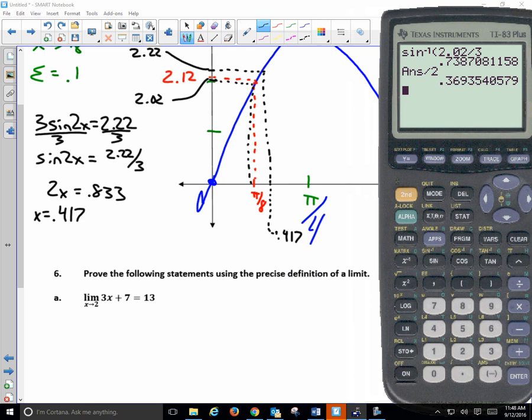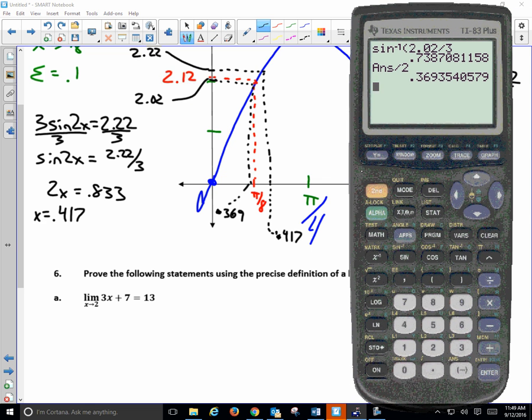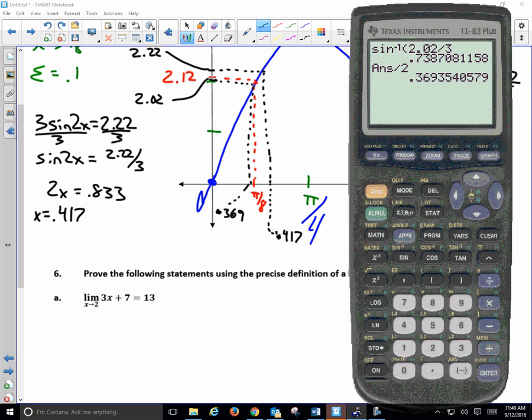So is that my answer? No, 0.369 is not my answer. 0.417 is not my answer. How do I come up with an answer? Yeah, find your delta value, okay?